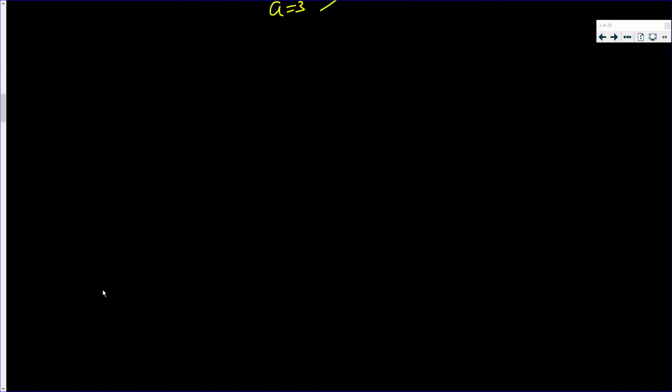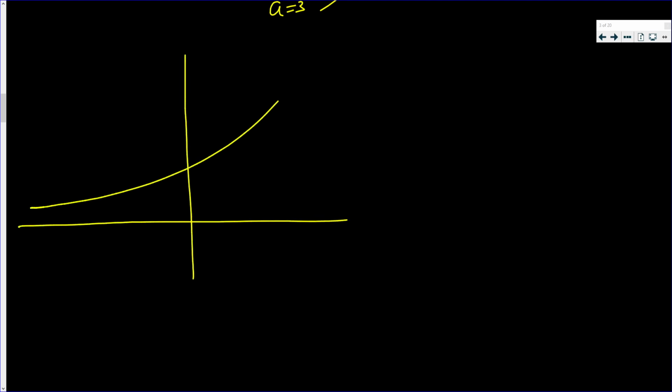What if you're given the following? You have this graph, you're told that's 0, 1, and this point is -1, 1/5. The question is, what is the equation of this line? If that's 0, 1, then it's going to be in this form, because it's definitely going to satisfy that point. You just need to find the a to satisfy the other point.